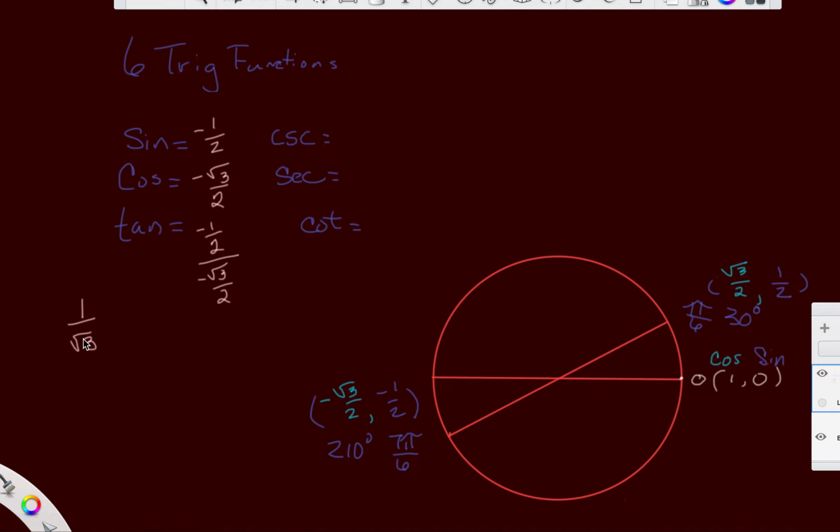But we can't have 1 over root 3, so we're going to say it's root 3 over 3, right? So root 3 over 3. And we're going to keep this here so we can use it for cotangent, because we won't have to simplify our radical denominator over here at cotangent because we won't have a radical denominator.